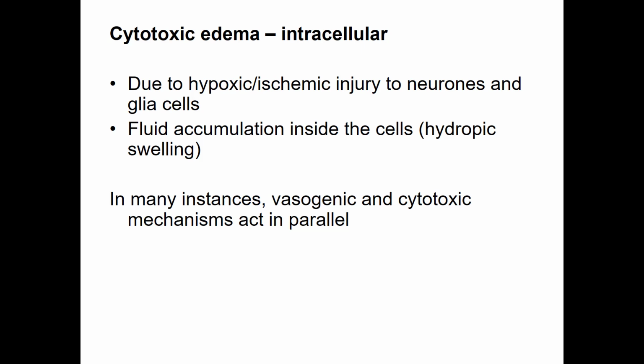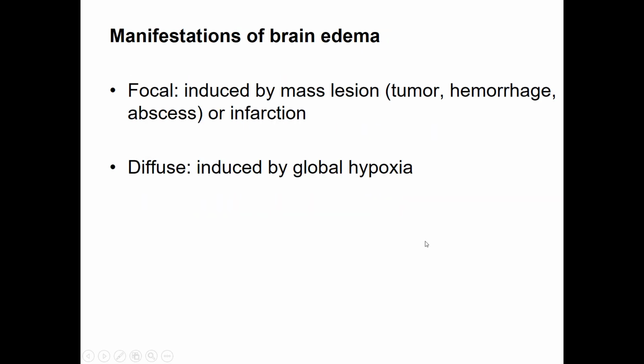However, in many instances, vasogenic and cytotoxic mechanisms act in parallel, occurring both. So the cytotoxic is believed to be very frequent in hypoxic ischemic injury, but in an ischemic stroke, both mechanisms, the vasogenic and the cytotoxic, are important and relevant.